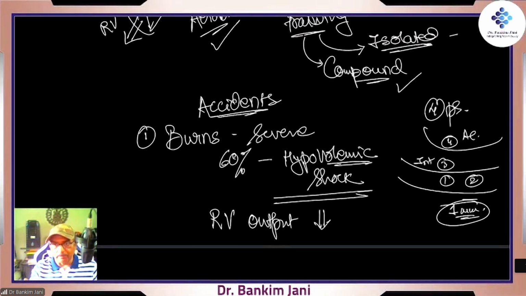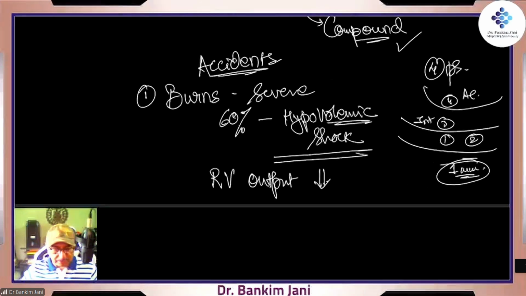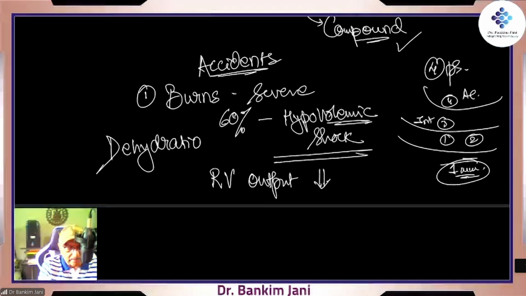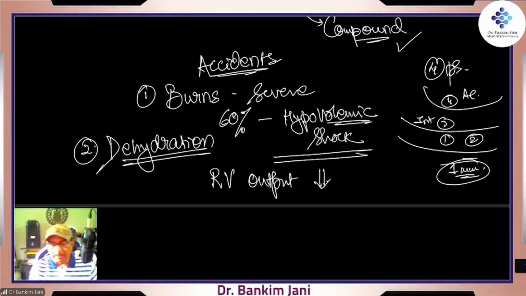Volemic is volume, volume of blood, or you can say volume of fluid. The fluid in the body decreases. So this is what is called hypovolemic shock. So burns, dehydration, in all these things there is hypovolemic shock.